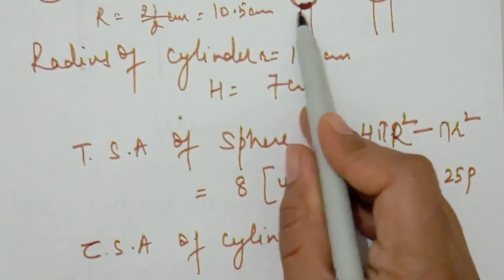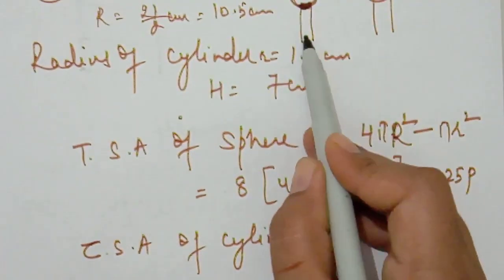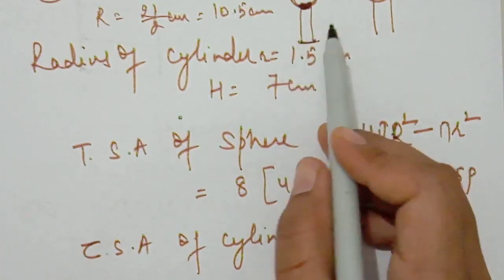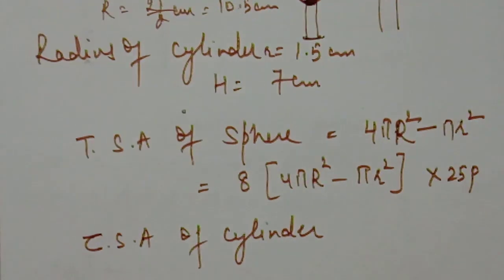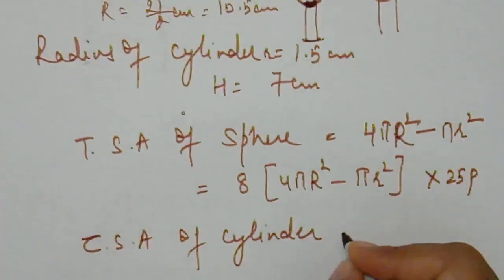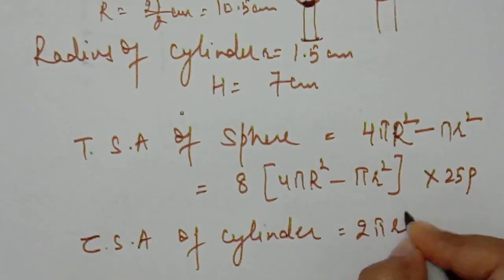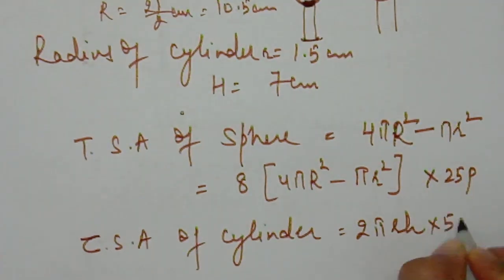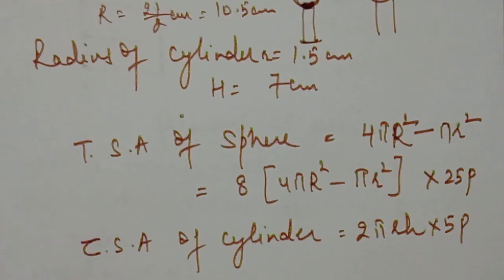Because only this part is attached with the sphere and this part is attached with the wall. So only this round part is present for the black paint. So we will take curved surface area for cylinder and then multiply with 5 paise per centimeter square. So this is your second question.